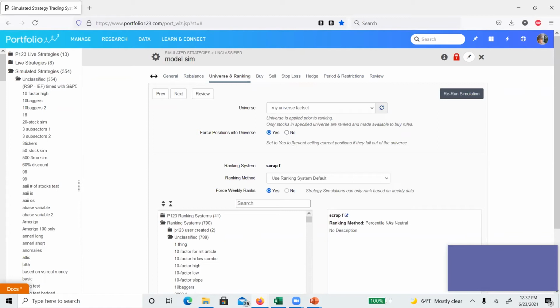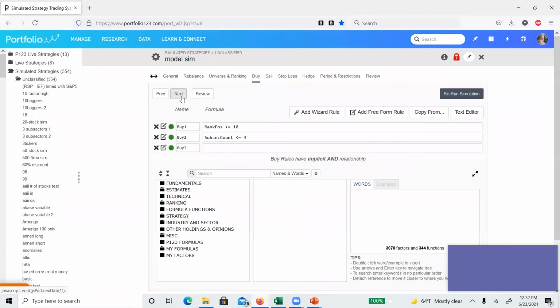Well, you don't want to sell it just because it went into the Russell 1000. You might want to hold on to it, so you force positions into universe. I always use yes. The only exception is if you have some universe rules that are really prohibitive, like no matter what, I do not want this stock, then you might want to choose no.